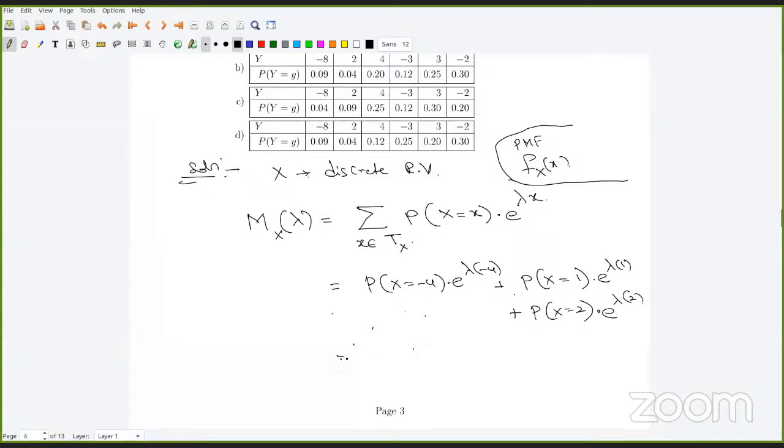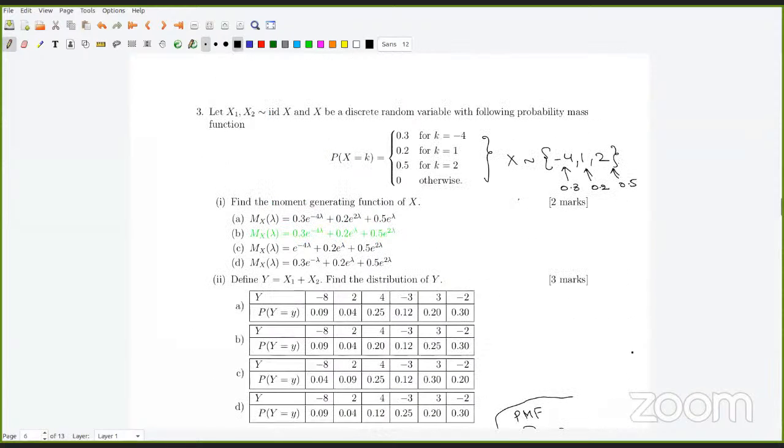So this will be the MGF. With the values given, it is 0.3 times e to the power -4 lambda plus 0.2 times e to the power lambda plus 0.5 times e to the power 2 lambda. Just check whether this option is given. Yes, option B.